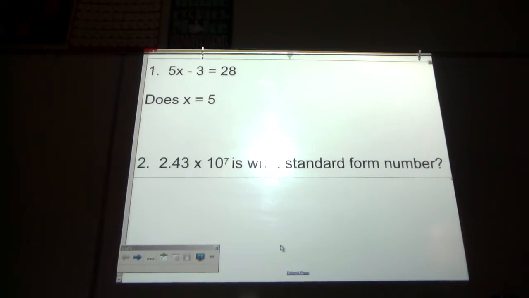I have a question. 5x subtract 3. What is that value? What is 5x subtract 3 actually worth? Okay, I see what you mean.